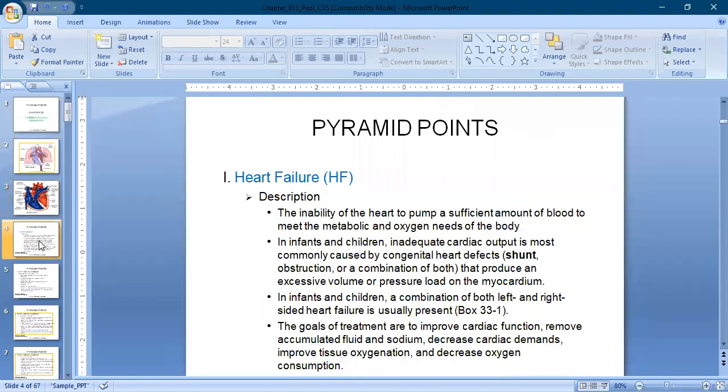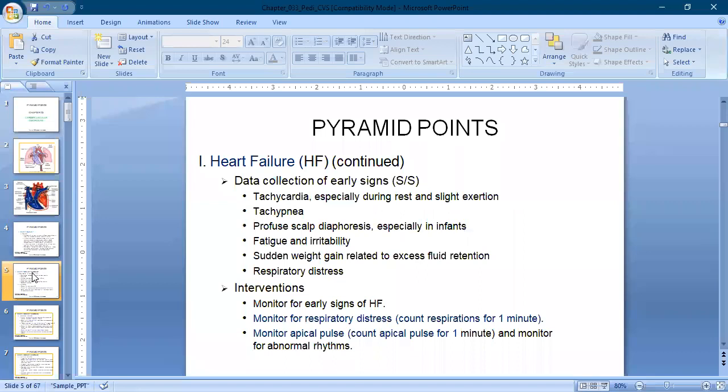So as I told you, for heart failure, we definitely have to know the signs and symptoms. We say data collection, right? Data collection from the patient. When a patient comes to you, we have to take a proper medical history from the patient, right?